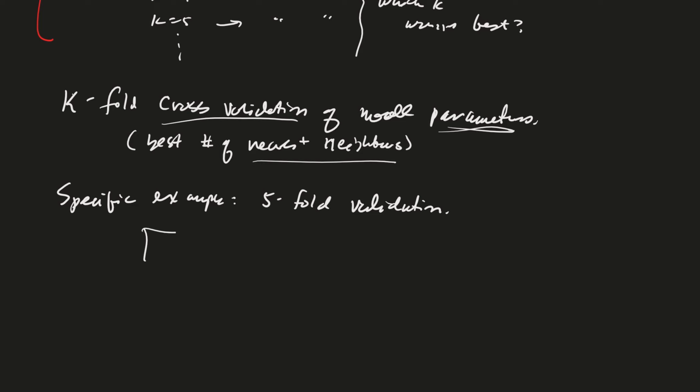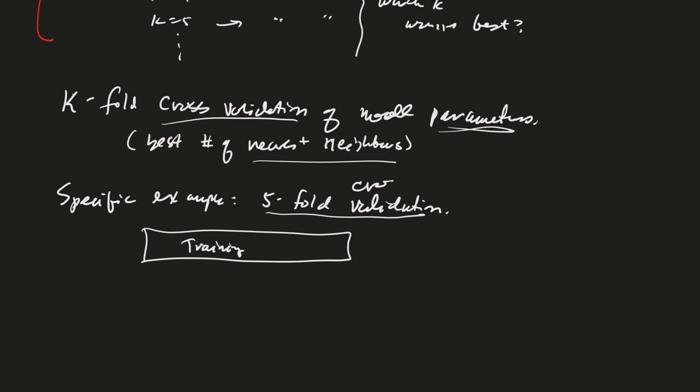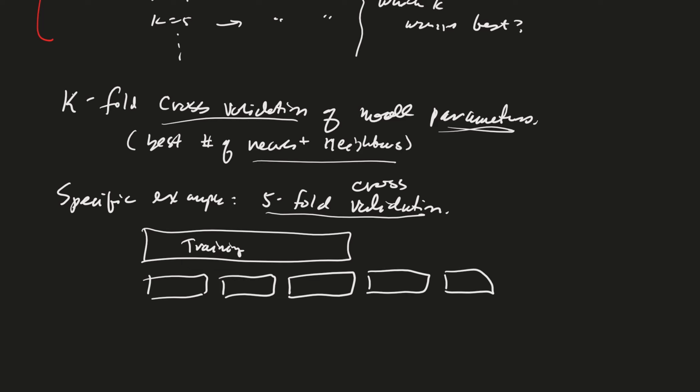We've already said that we're going to break our training sets into other classes. Using five-fold cross-validation, what we do is break this into 5 sets.